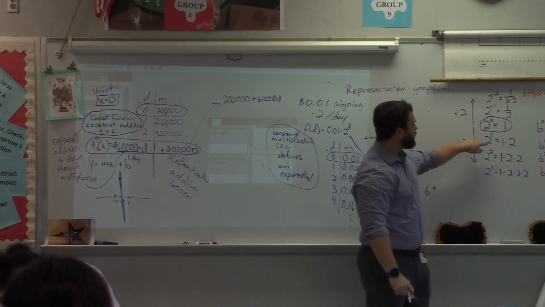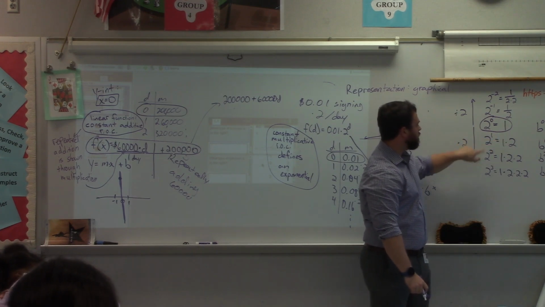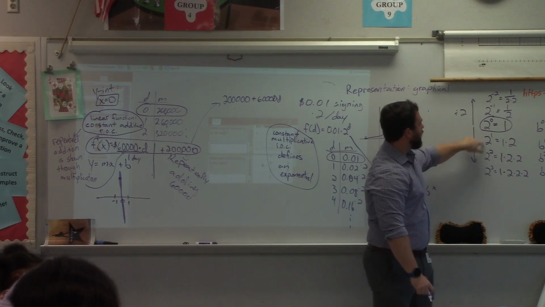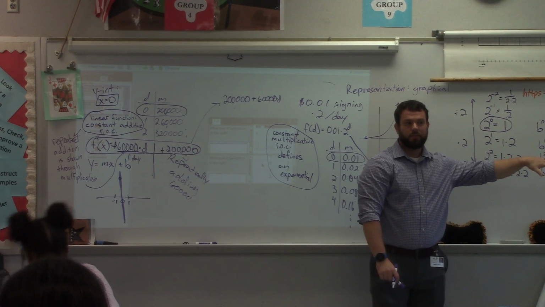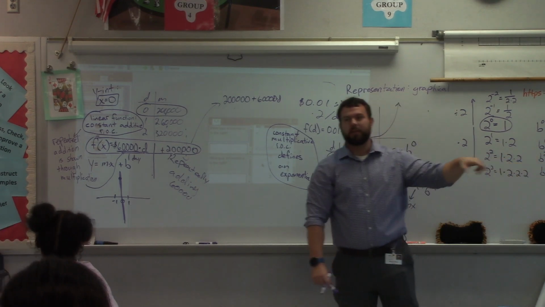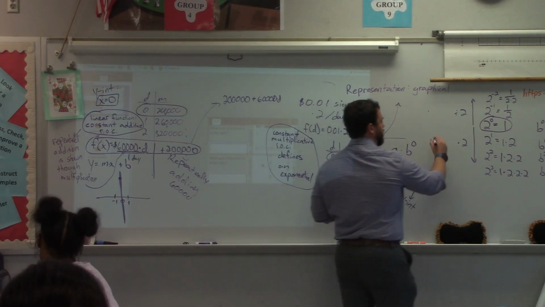A positive exponent starts at 1 and then multiplies by that many, whatever the base is. A negative exponent, does a negative exponent make it negative? No. A negative exponent indicates repeated what? Division.